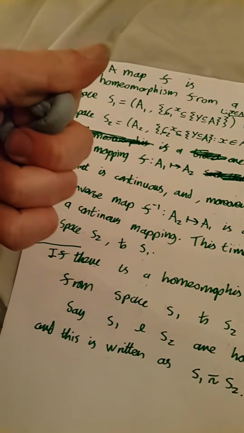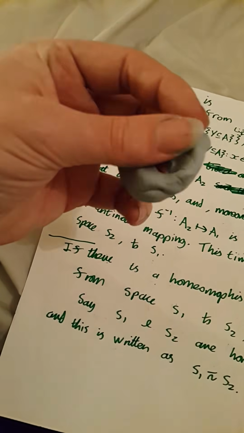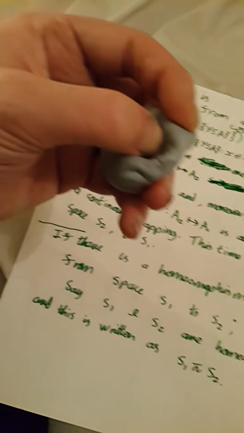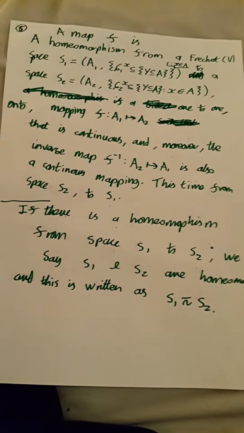So that's why one might jokingly say that a topologist couldn't tell the difference between a coffee cup and a donut, because when these things are homeomorphic, it means they have the same kind of topological properties.